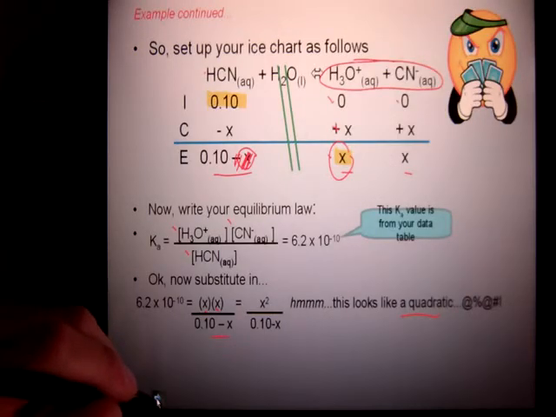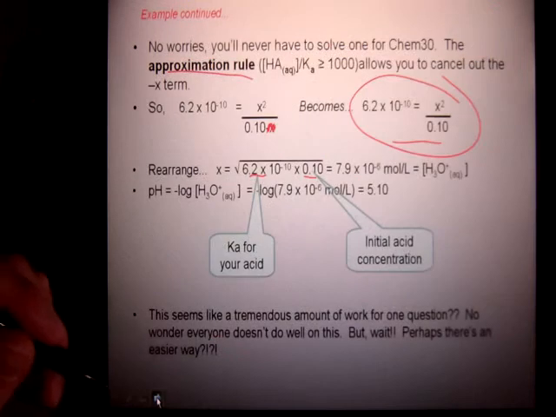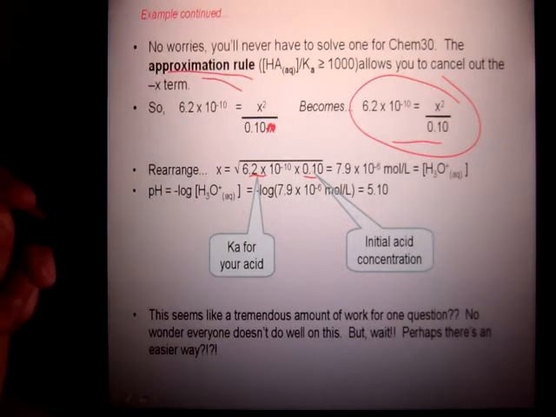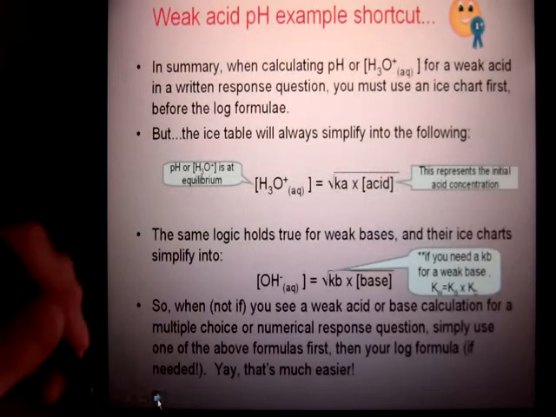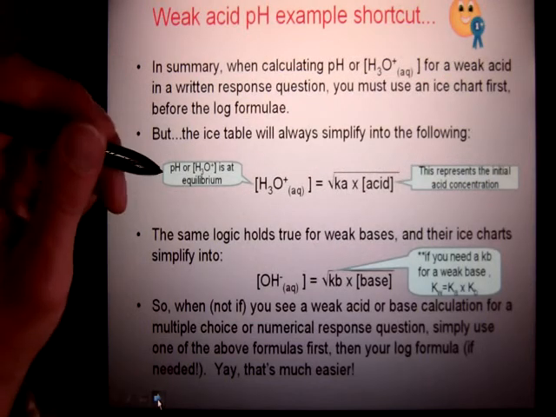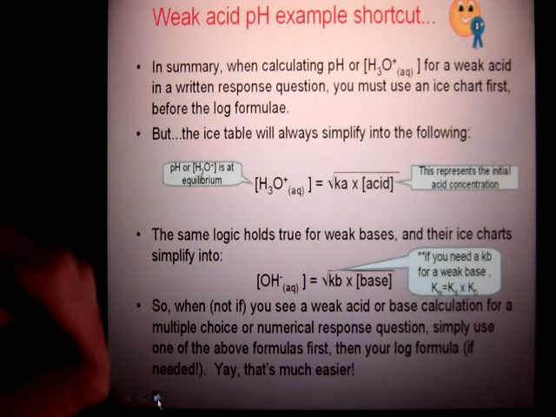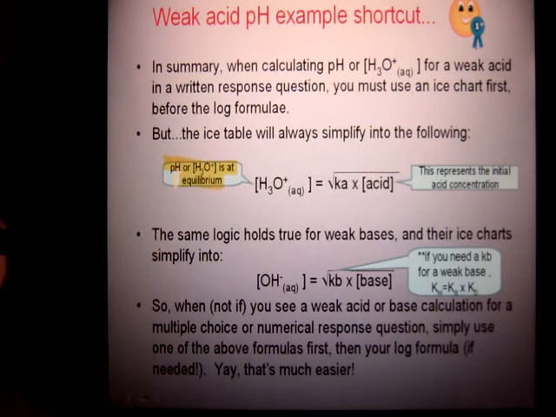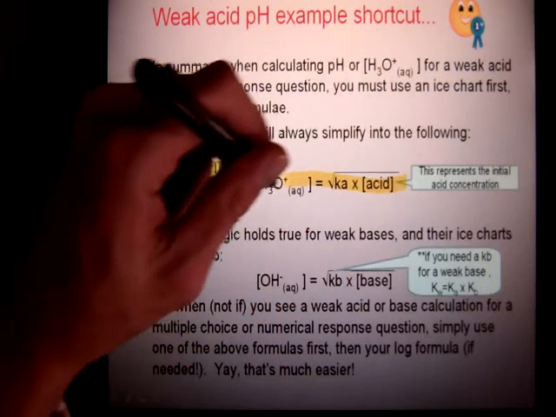When you are trying to solve for the pH or pOH or hydronium or hydroxide, the approximation rule will always hold, which means you'll never have to solve a quadratic. So when you're going in the direction of solving for pH or hydronium, you can go right into this handy little formula.